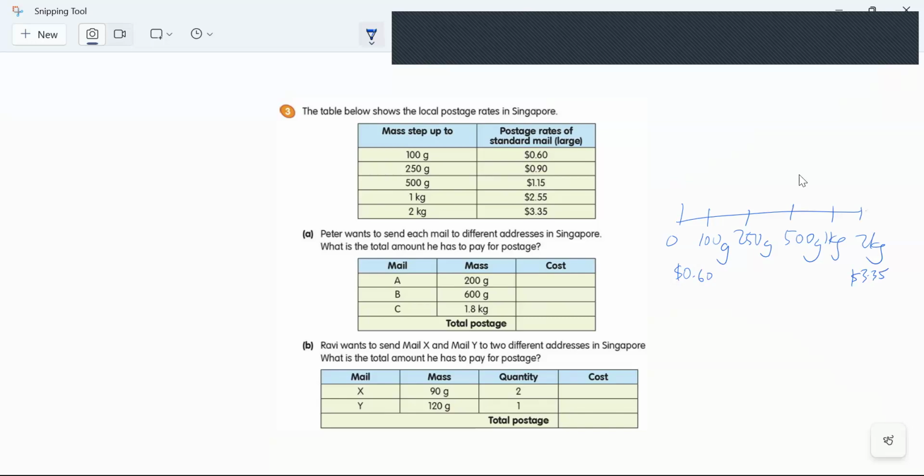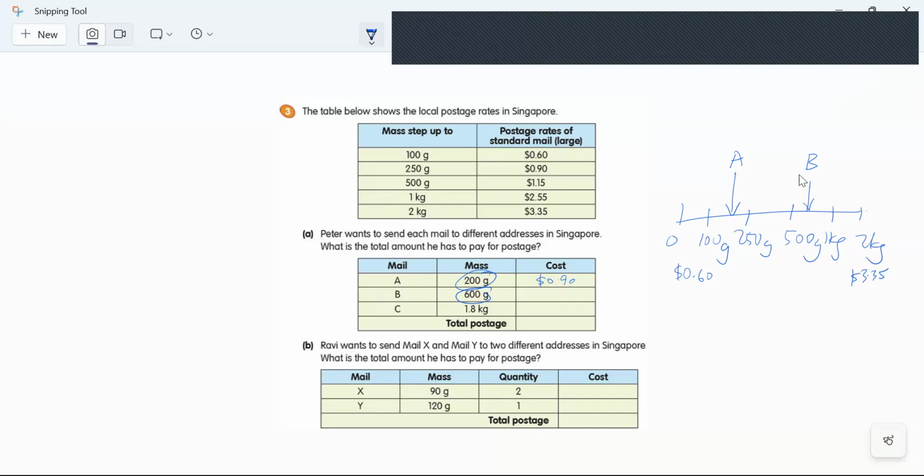Then I look for the parcel. Parcel A is 200 grams, which is between 100 and 250, so this one should be 90 cents. Then for a 600 gram parcel, it is between 500 grams and 1 kilogram, which is here.